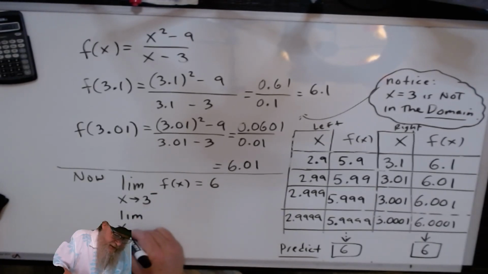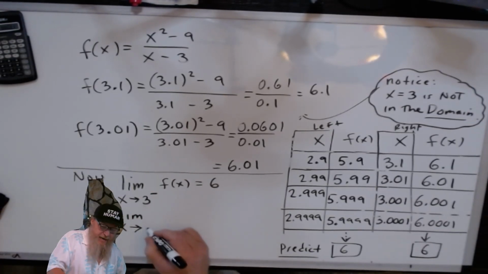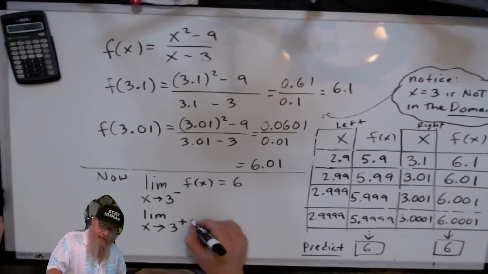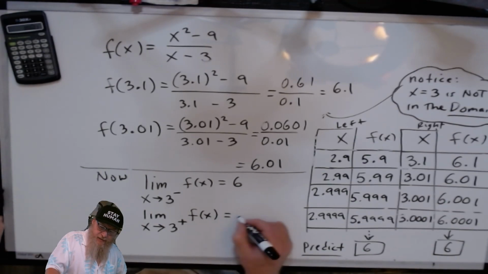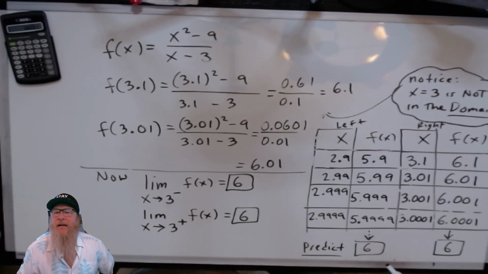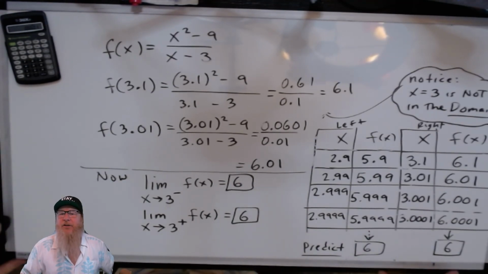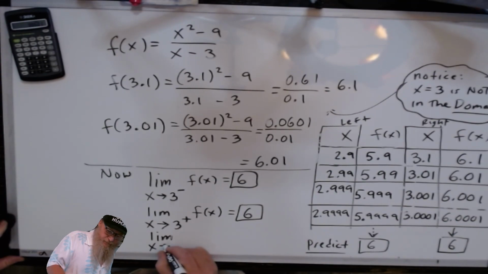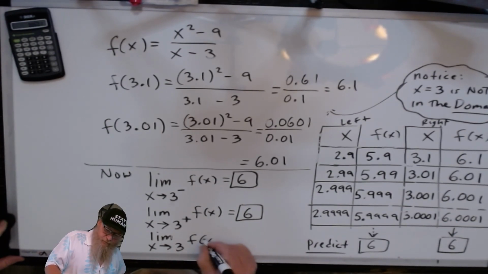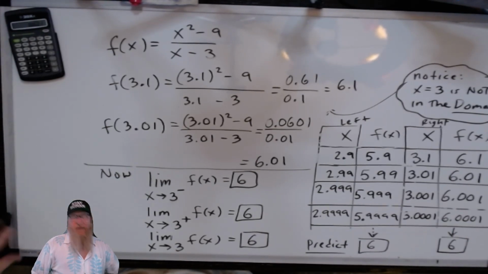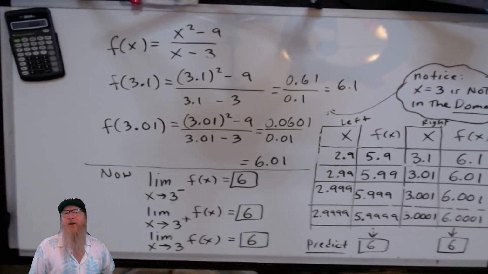The limit as x approaches 3 from the right of the function is 6. All right, and since these agree with each other, the general limit is also equal to 6. So all three limits are equivalent.